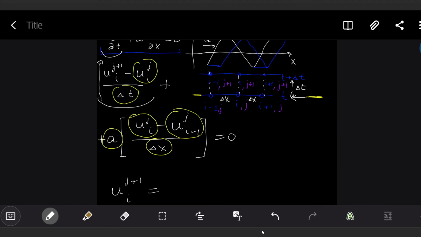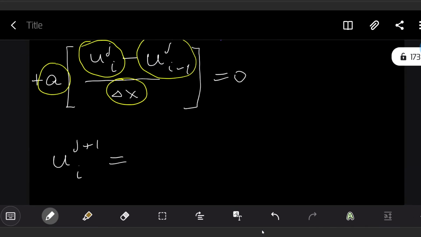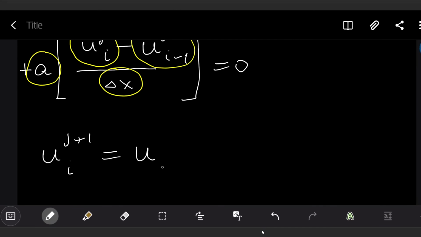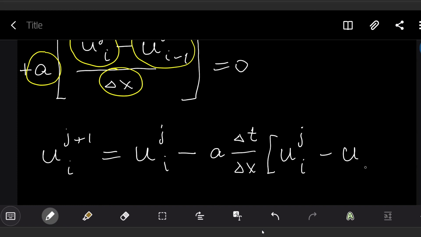It's u on the same coordinate but on the previous time step, minus a, I multiplied all by delta t divided by delta x, and in the brackets I have my u at point i j minus u at j minus i minus 1 here.